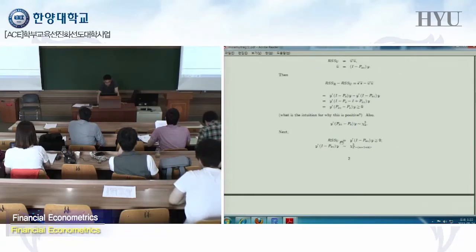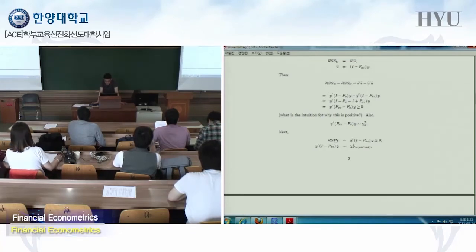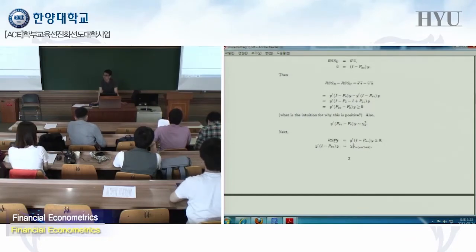And then next, the residual sum of squares of the unrestricted model is of course y prime (I minus pxz) y, and this one follows a chi-square distribution with degrees of freedom T minus n plus 1 plus k. Here n plus 1 plus k is the number of variables in the unrestricted model.